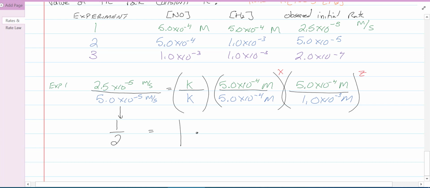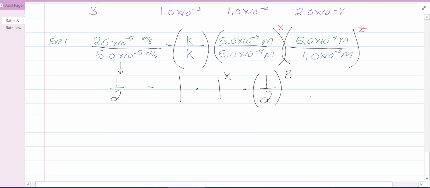This is 5, right? 1 to the x power times, that happens to be, it looks like 1 over 2, 1/2. 1/2 to the z power. So if we simplify this, I get 1/2 equals 1/2 to the z power. So most of us know that z is 1.